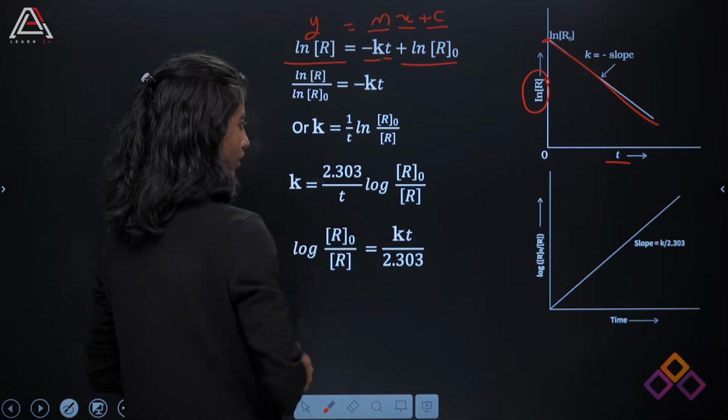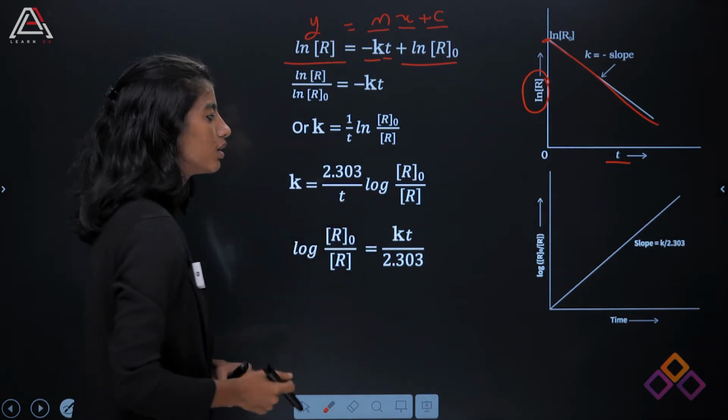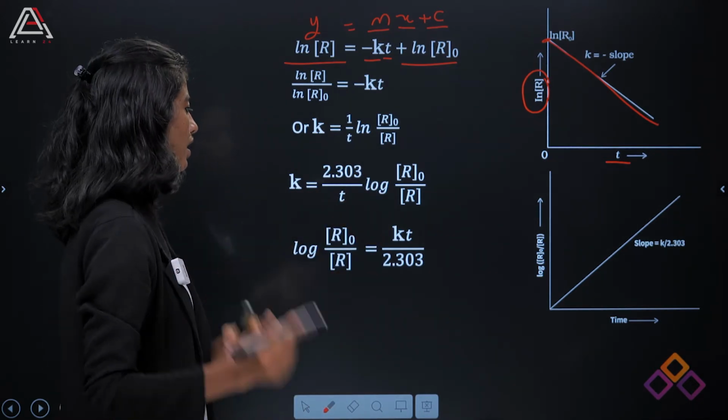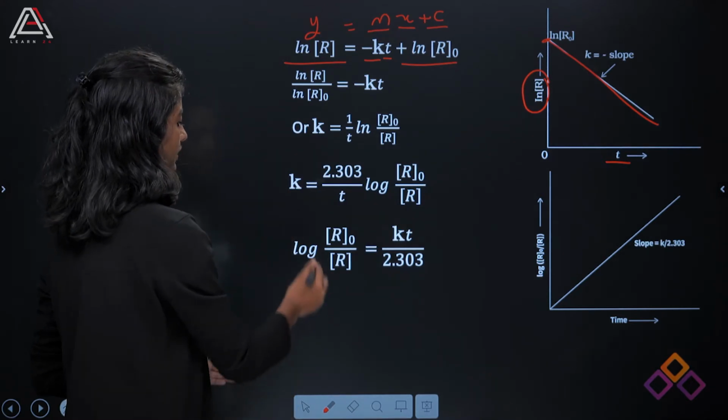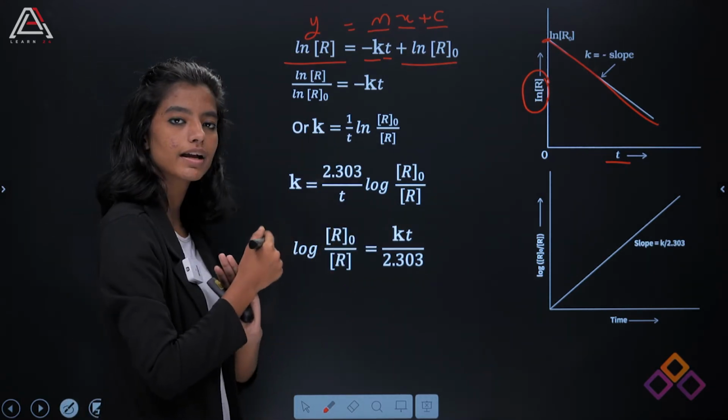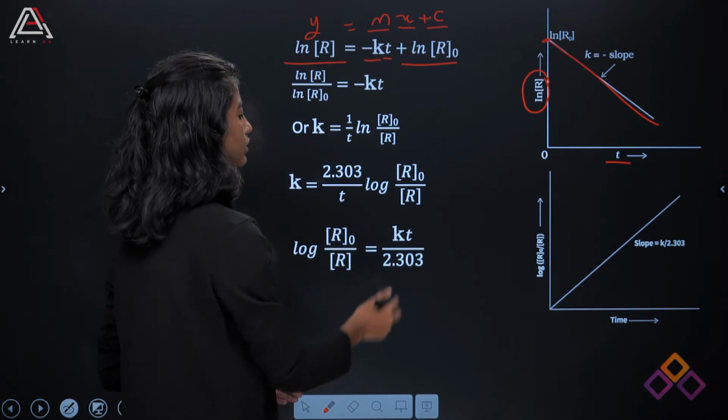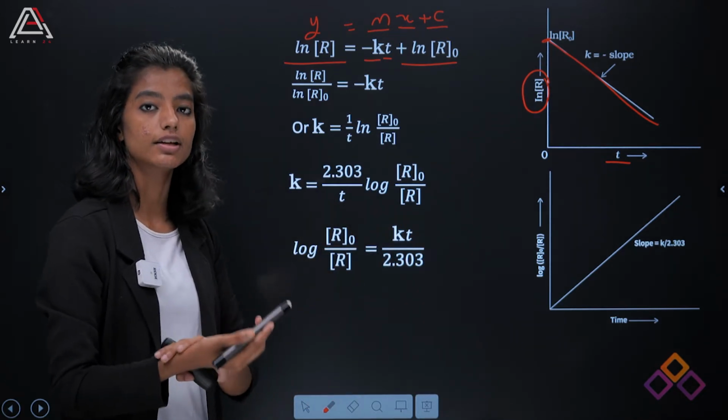Instead of ln, it's log concentration of R naught divided by concentration of R. We can also rewrite this equation as log concentration of R naught divided by concentration of R will be equal to Kt divided by 2.303.